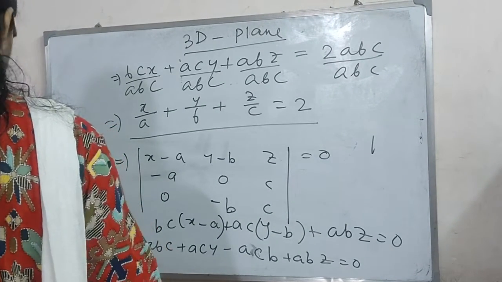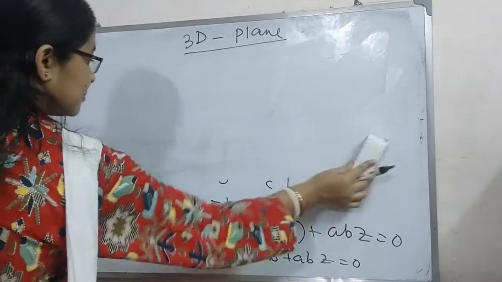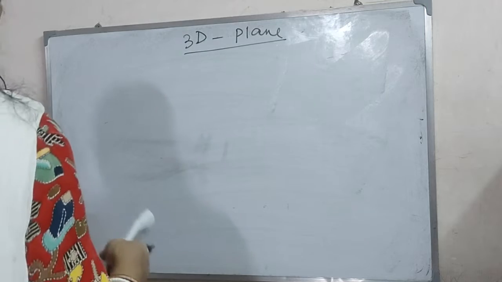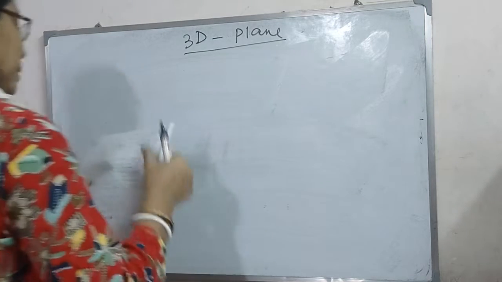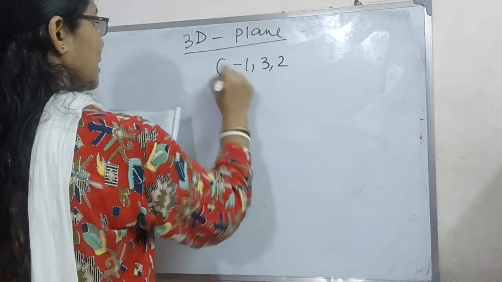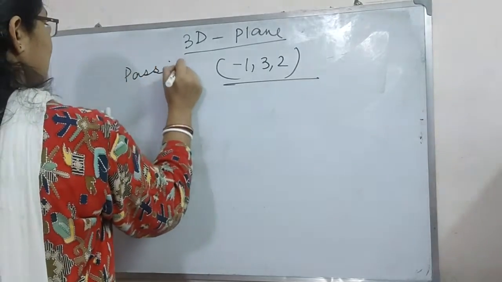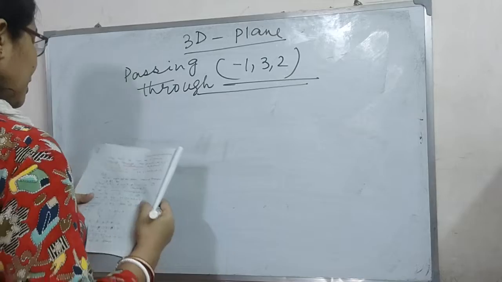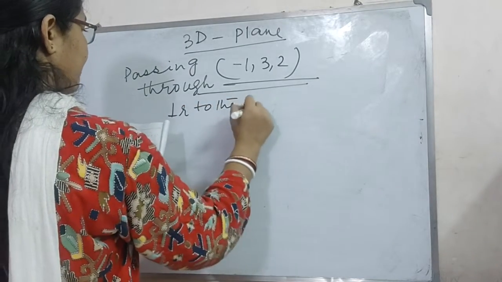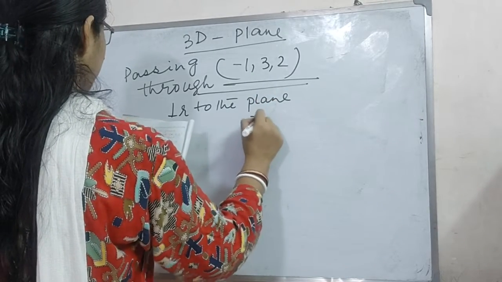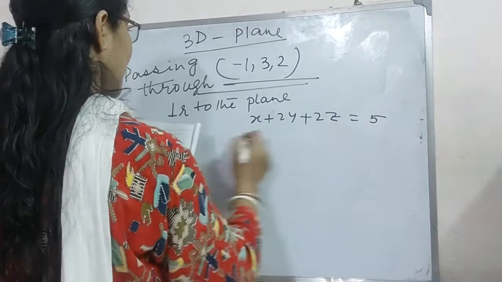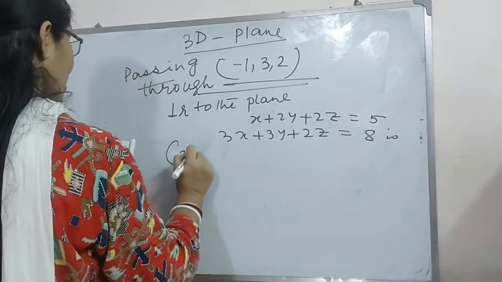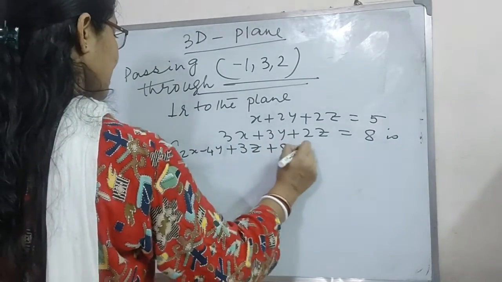Second question is: prove that the equation of the plane passing through the point (minus 1, 3, 2) and perpendicular to the planes x plus 2y plus 2z equal to 5 and 3x plus 3y plus 2z equal to 8 is 2x minus 4y plus 3z plus 8 equal to 0.